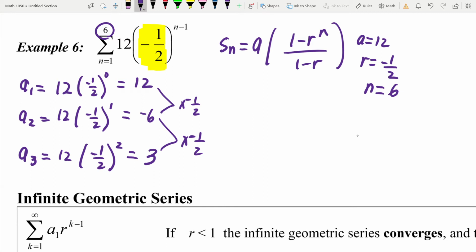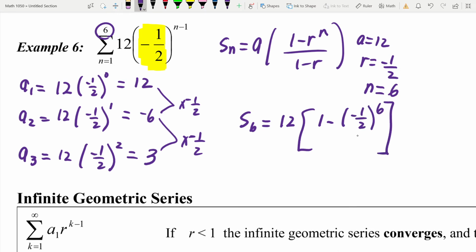Okay, so the sum of the first 6 terms is 12 times 1 minus parenthesis negative 1/2, raise it to the 6th power over 1 minus a negative 1/2. Okay, gets a little tricky with all these negatives in that. So guys, go parenthesis around the top, parenthesis around the bottom.